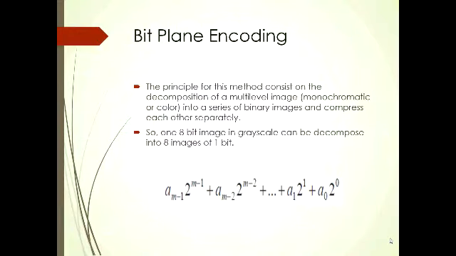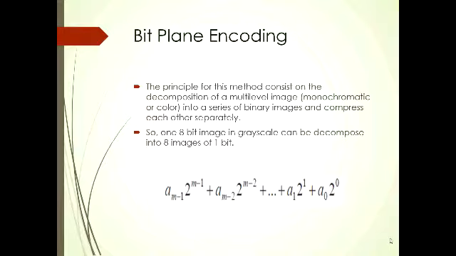The second part of the lossless compression methods is actually the bit plane. It's called bit plane encoding. The principle for this method is actually pretty simple. It just consists of separating an image into a multi-level image. For example, we have an 8-bit image.